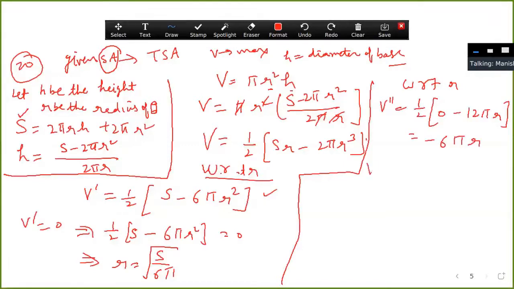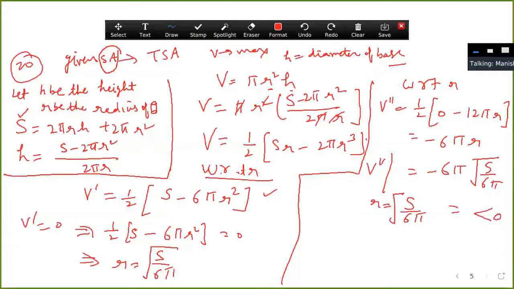When you put V double dash at r is equal to under the root S upon 6 pi, you are getting minus 6 pi into root S upon 6 pi. It means this is less than 0. Less than 0 means maximum volume. Volume is maximum at r is equal to under the root S upon 6 pi.